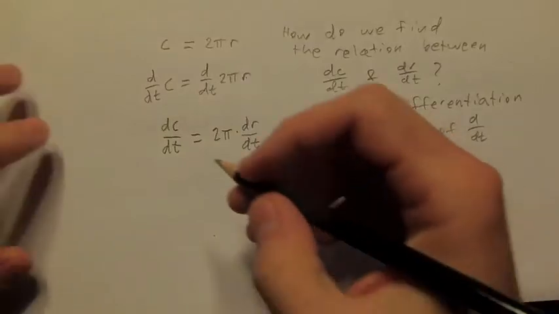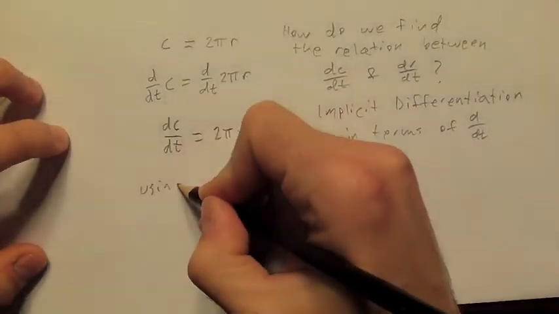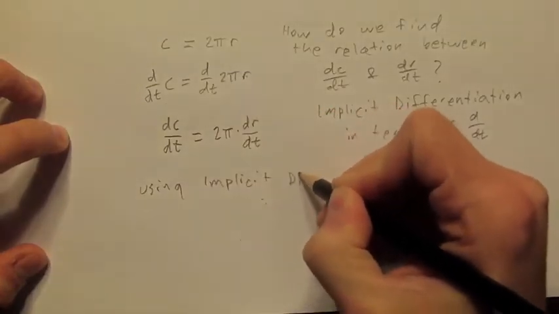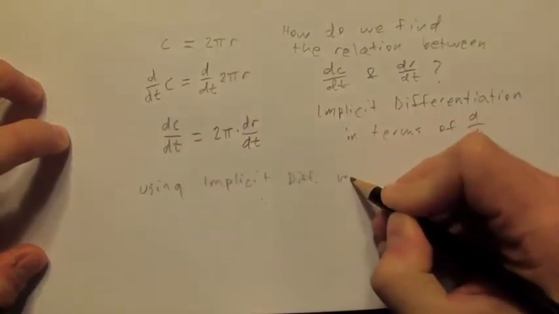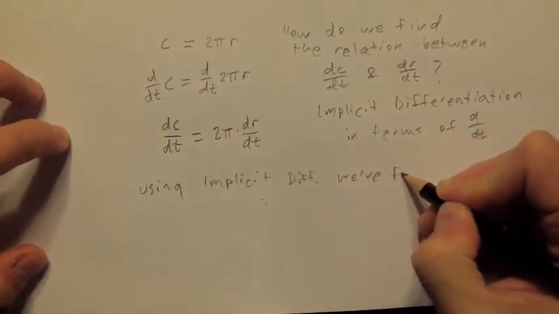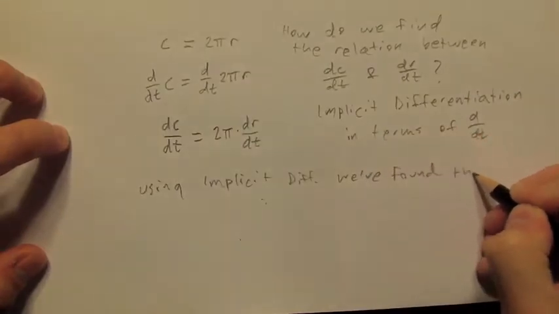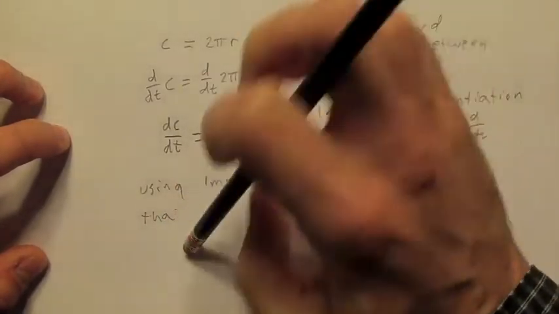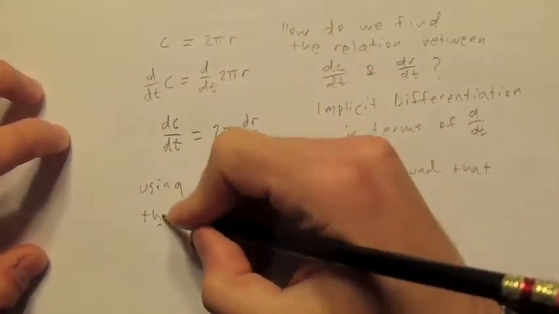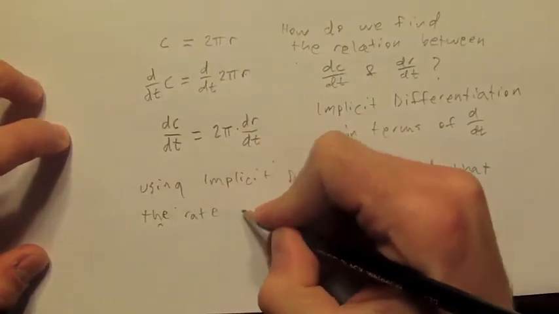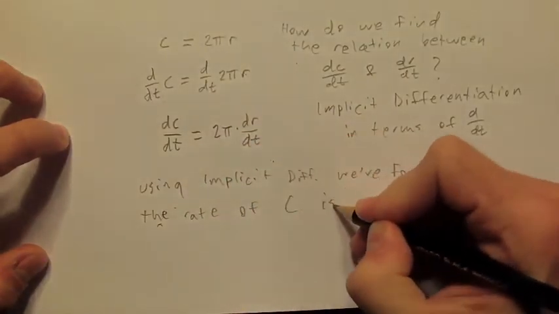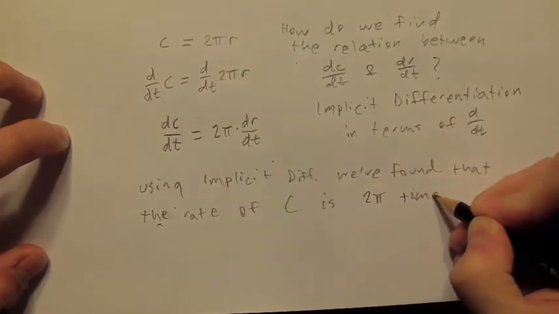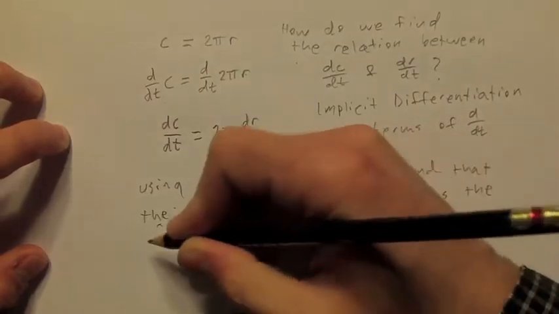Okay, so using implicit differentiation, we found that the rate of c is 2 pi times the rate of r.